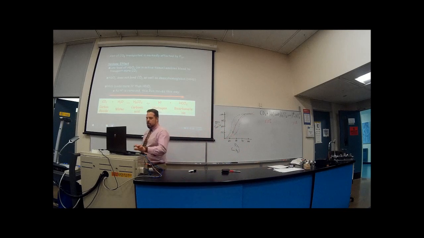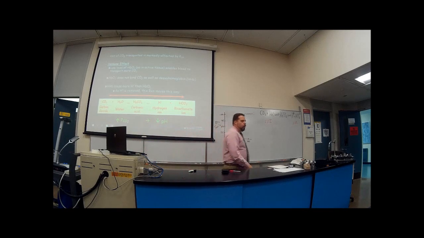Okay. If you increase the CO2, you're going to decrease the pH. Think about it. If you increase the CO2, and you can't blow it off, which way does the reaction want to go?